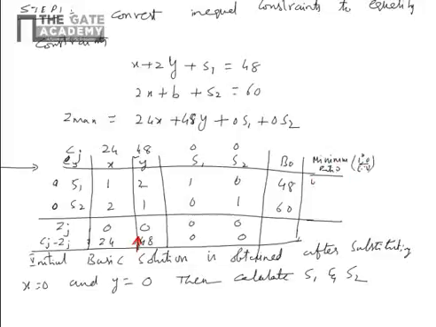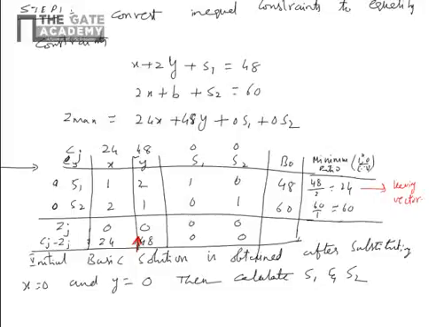So 48 by 2 is 24, 60 by 1 is 60. Out of this, whichever is minimum is the leaving vector. So the minimum is s1. s1 will go out of the solution. It's called the leaving vector, and y is the entering vector.